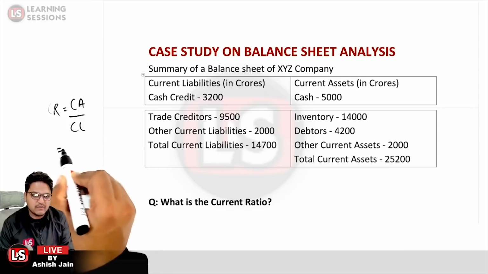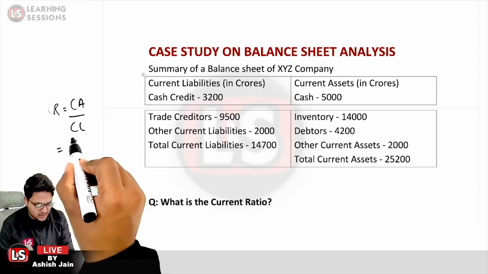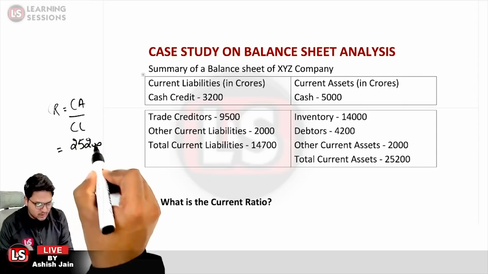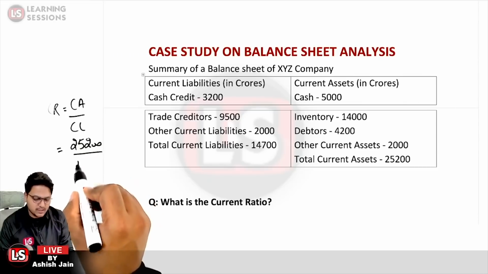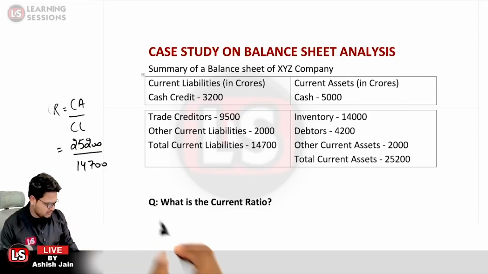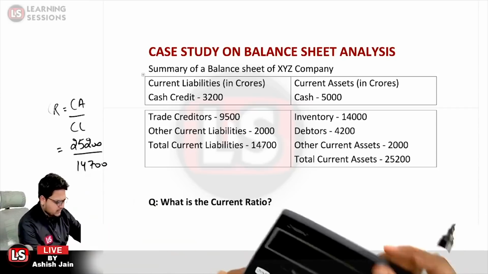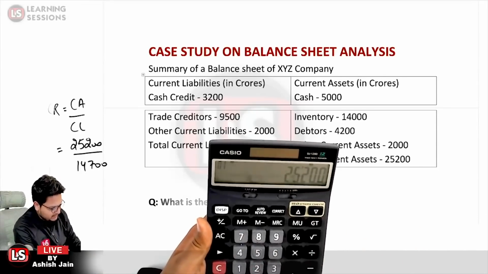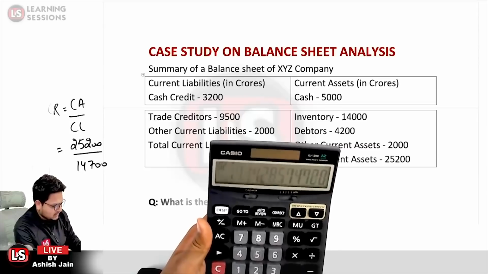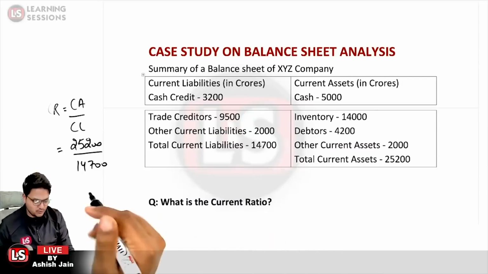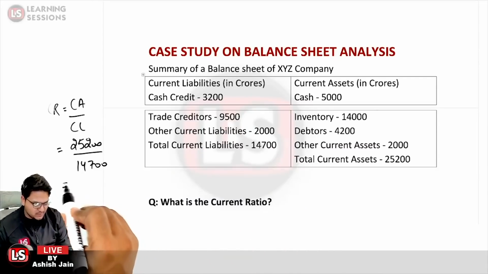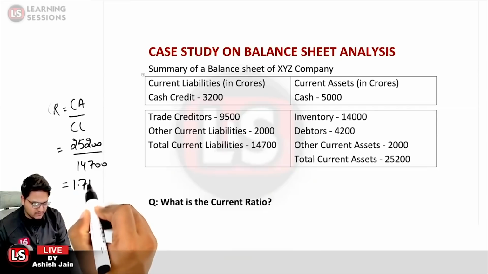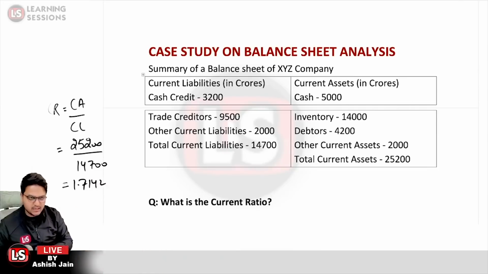Total current assets are equal to 25200, and the total current liabilities are equal to 14700. So what would be the answer? 25200 divided by 14700, that is equal to 1.7142. So current ratio as per the data given is 1.7142. So that is the answer related to question number 1.